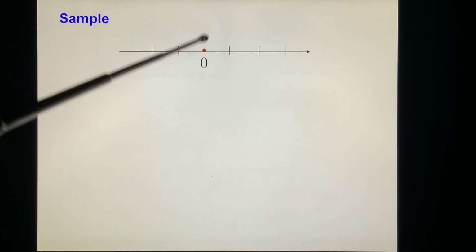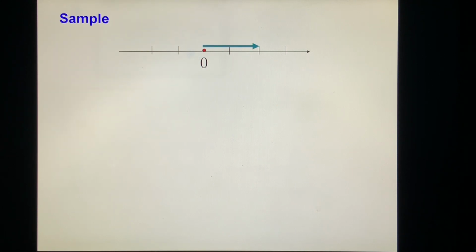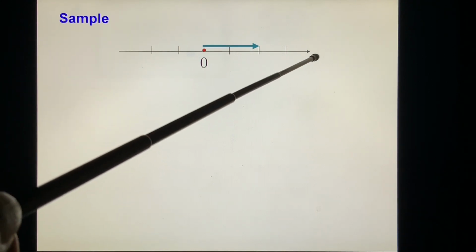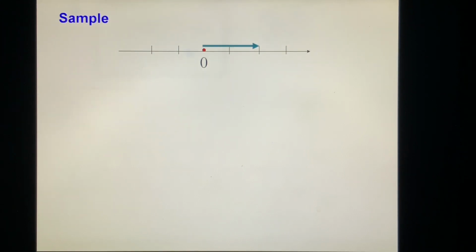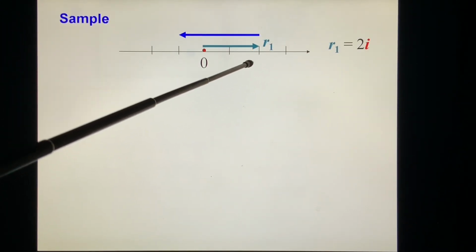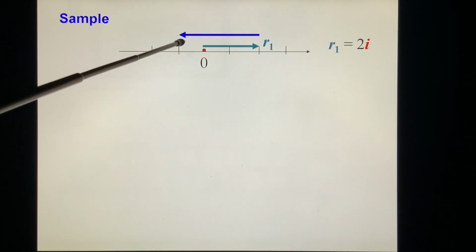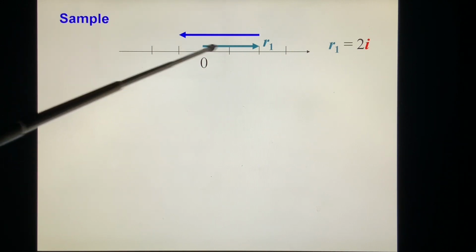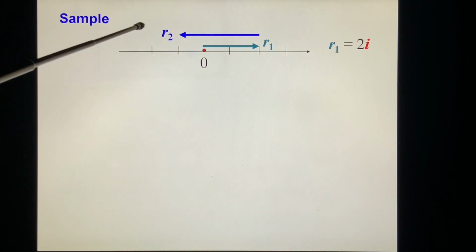Now see, he started from the origin. In the first second, he went in the positive direction, 2 meters. And in the following second, he went in the negative direction, 3 meters. I call this r1 and I call this r2.